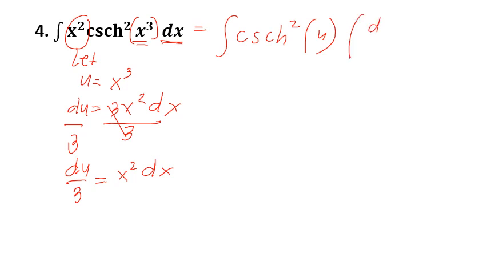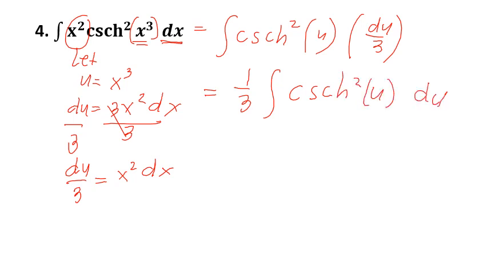I will factor out 1/3 from my integration element. So this is equal now to 1/3 integration of hyperbolic cosecant squared u du. If you check, this is a part of your integration of hyperbolic function formulas, which is equal to 1/3 times negative hyperbolic cotangent of u plus c.